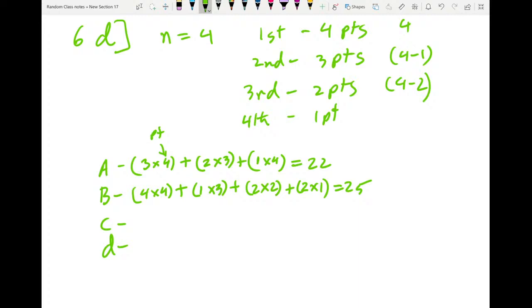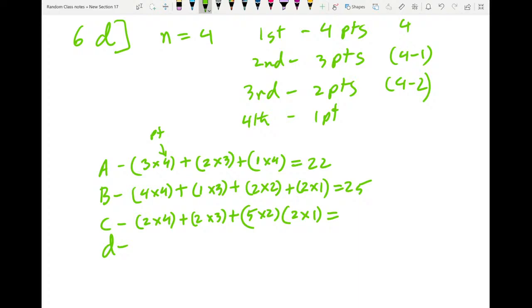B got 25 points. What about C? C got 2 first place votes, 5 second place votes, and no last place votes.